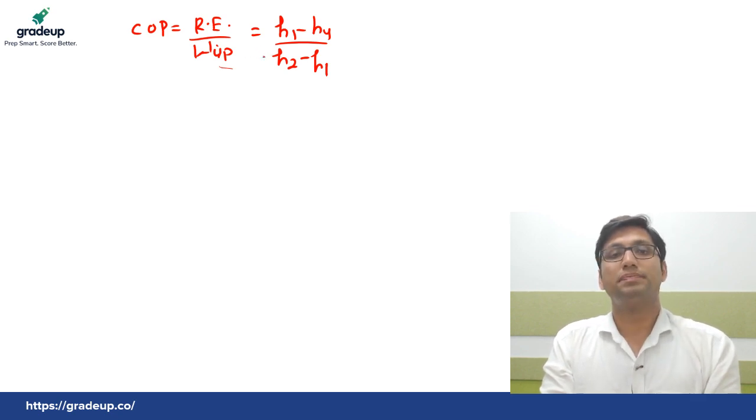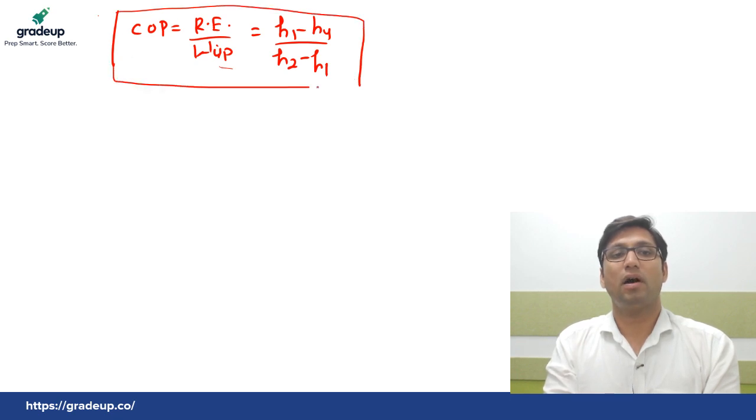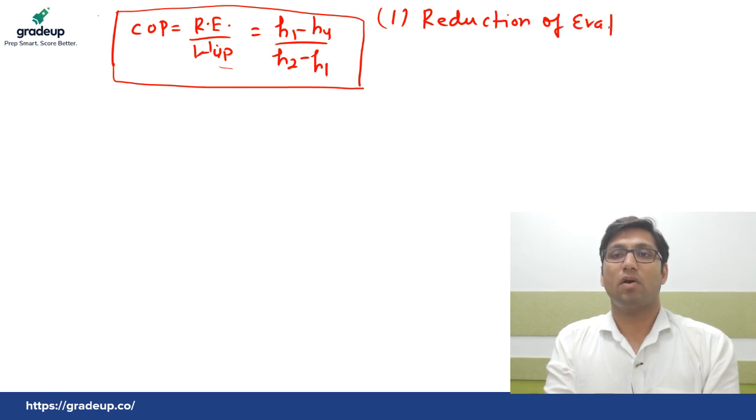Okay, now one important thing that I have to tell you is that there are some factors which affect the coefficient of performance of a vapor compression refrigeration system. So first effect is reduction of evaporator pressure. Okay, if you reduce the evaporator pressure, then what will happen?